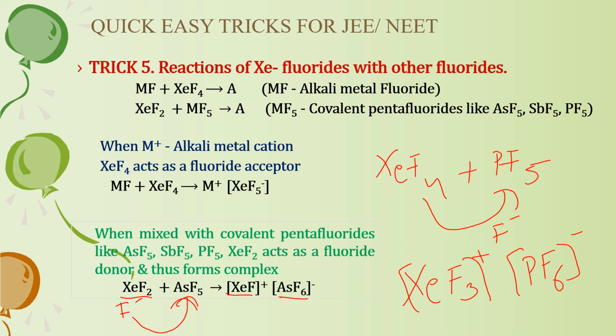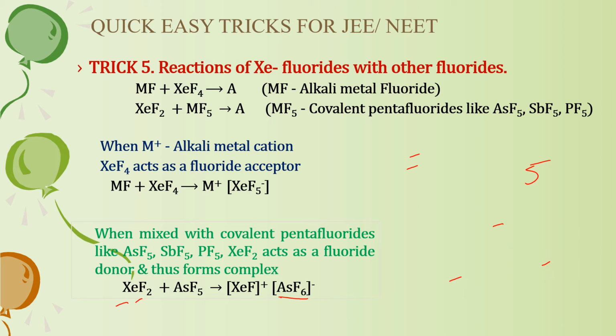Easy enough, no difficulty. You do not have to mug up these reactions. Just remember, when it is an alkali metal fluoride, it is a fluoride acceptor, and when it is a covalent pentafluoride, it will be acting as a fluoride donor, and the product is very clear. Okay, so these are all the tricks that we have for xenon reactions, which are given in the NCERT textbook.